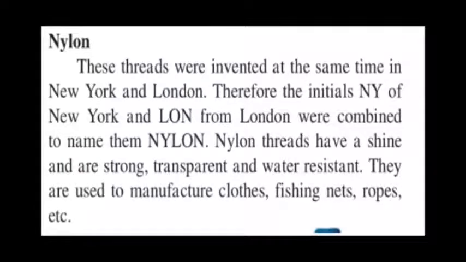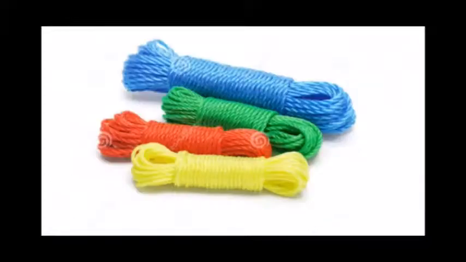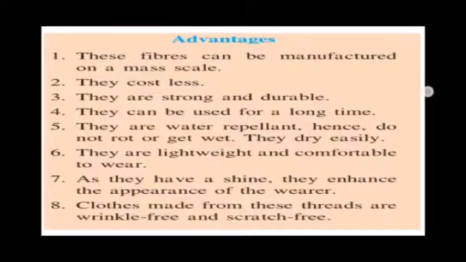Nylon threads were invented at the same time in New York and London. Therefore, the initials NY of New York and Lon from London were combined to name them nylon. Nylon threads have a shine and are strong, transparent, and water resistant. They are used to manufacture clothes, fishing nets, ropes, etc. Have a look on it.